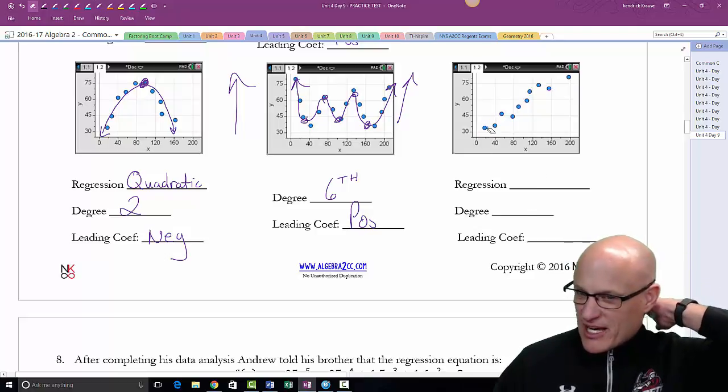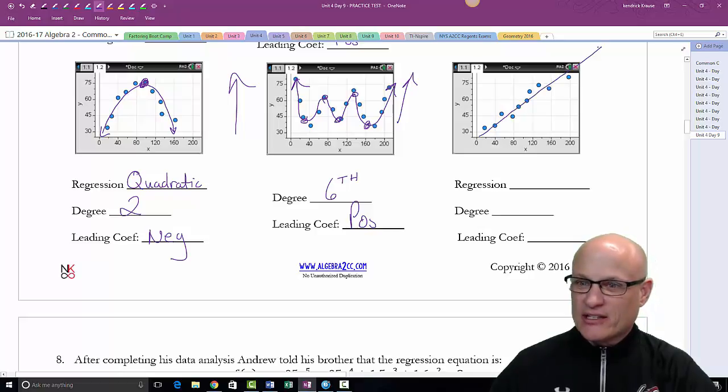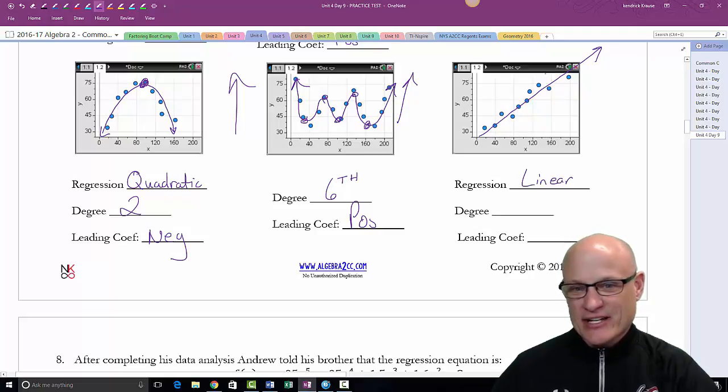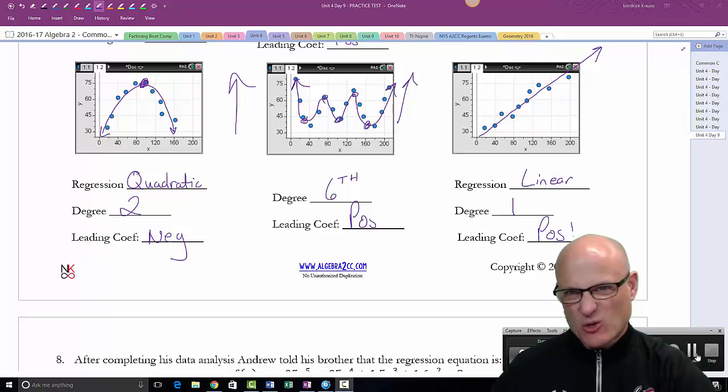But to be completely honest with you, I think I'm trying to force a curve in there when that's really just a linear function. So I would do linear regression on this one, because it doesn't have any clear coming down or going up. So this would be a 1st degree polynomial, and my leading coefficient, because it's going up, would be positive. That's it. That last one, I know you tried to get a curve out of it. It wasn't quite a curve.